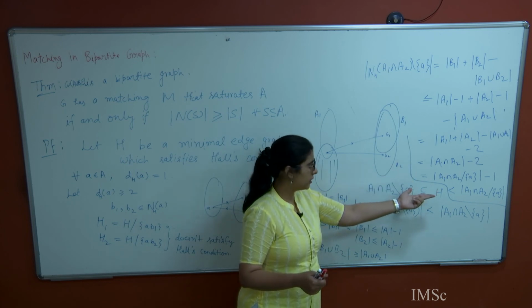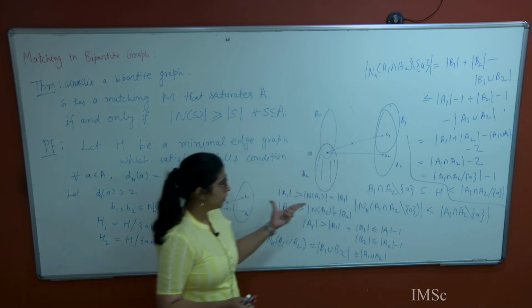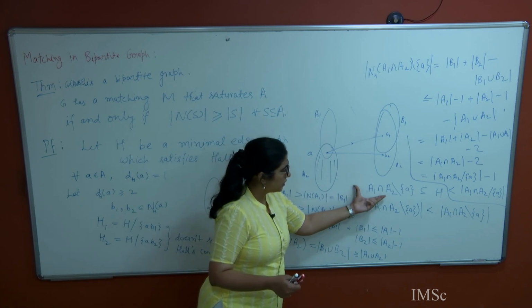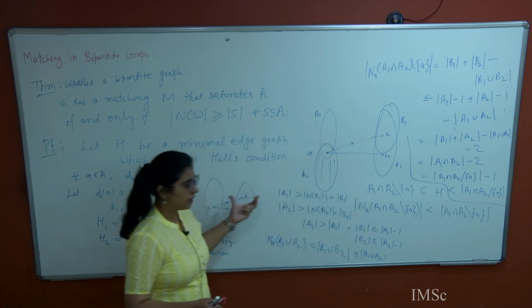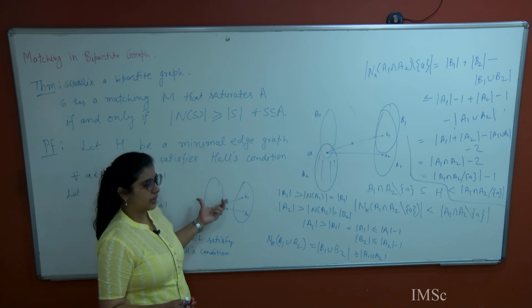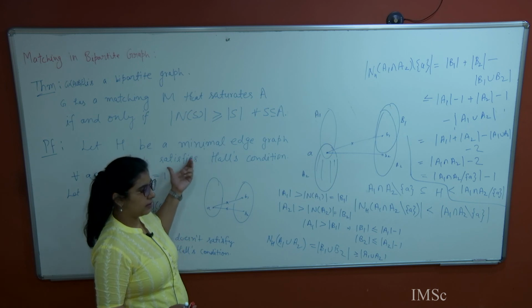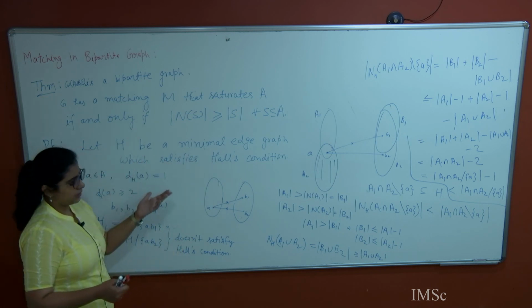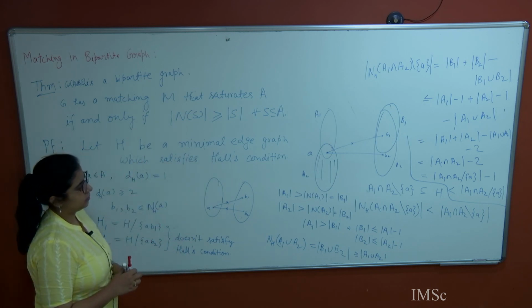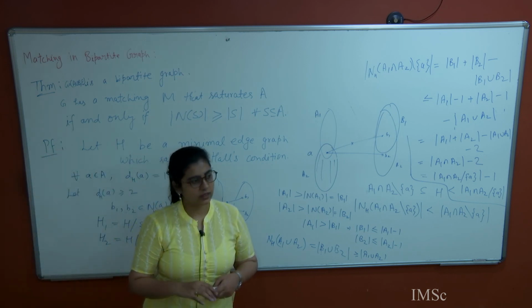We have shown that. Now notice that this set has the same neighborhood in H also. So that means it fails Hall's condition in H as well, which contradicts our assumption that H satisfies Hall's condition. Okay. Is it clear now?